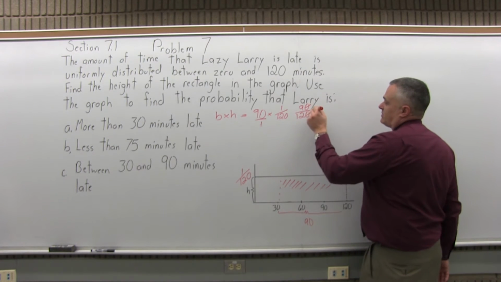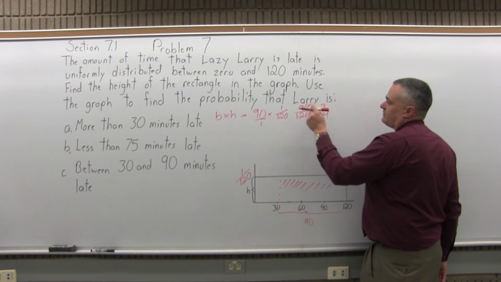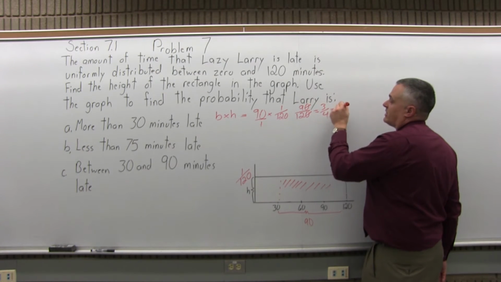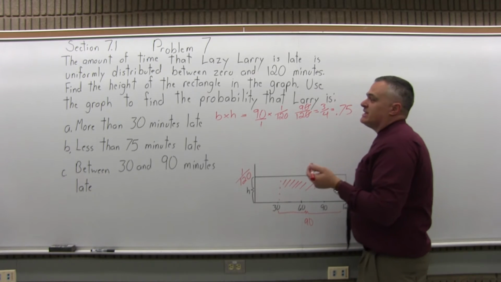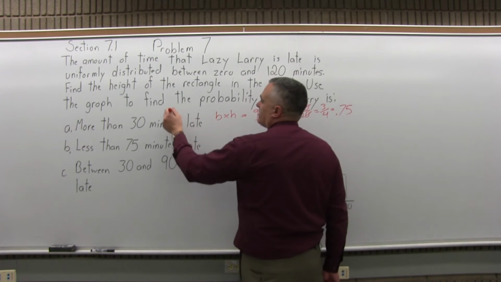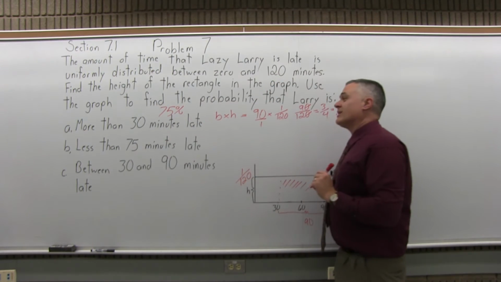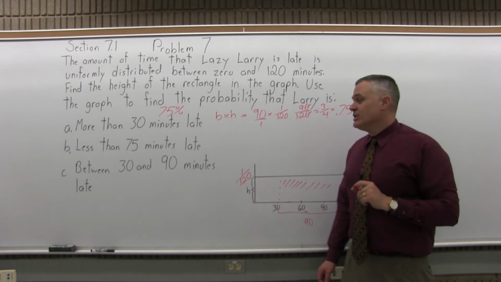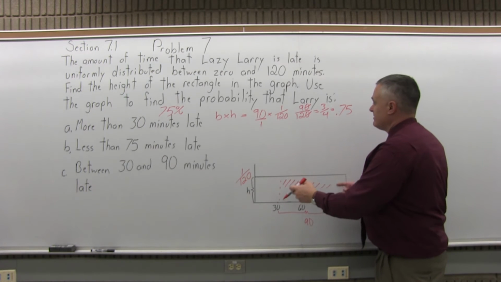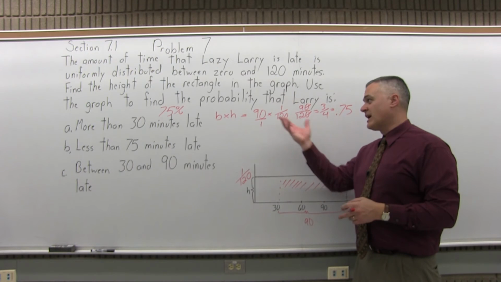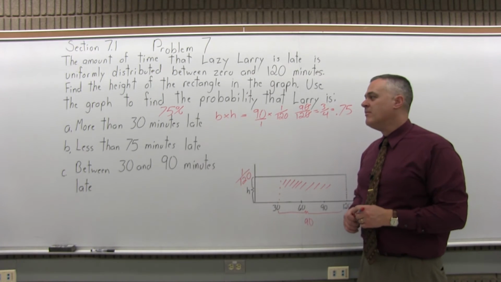And at this point, I see it reduces to 3/4. 3 goes into 9 3 times, 3 goes into 12 4 times, 3/4, which I know is 0.75. So the answer to A, what's the probability that he's more than 30 minutes late? There's a 75% probability that Lazy Larry is more than 30 minutes late. So again, what we did is we found the area. The area is 0.75, so the probability is 0.75. And 0.75 as a percent is 75%.